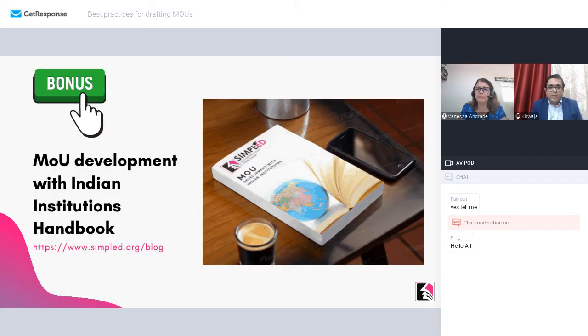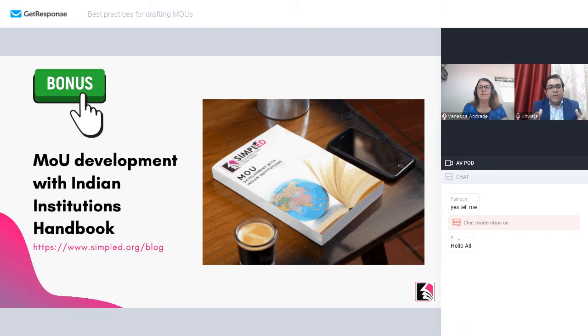Can we move to the next slide, please? All right. Now, for all those who are attending this session, this is something that you will have access to. This is our 28 pages handbook on MOU developments with Indian institutions.